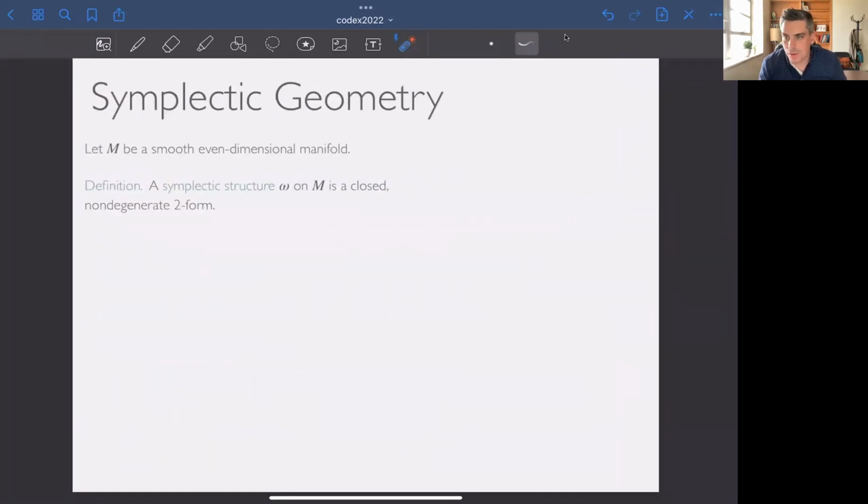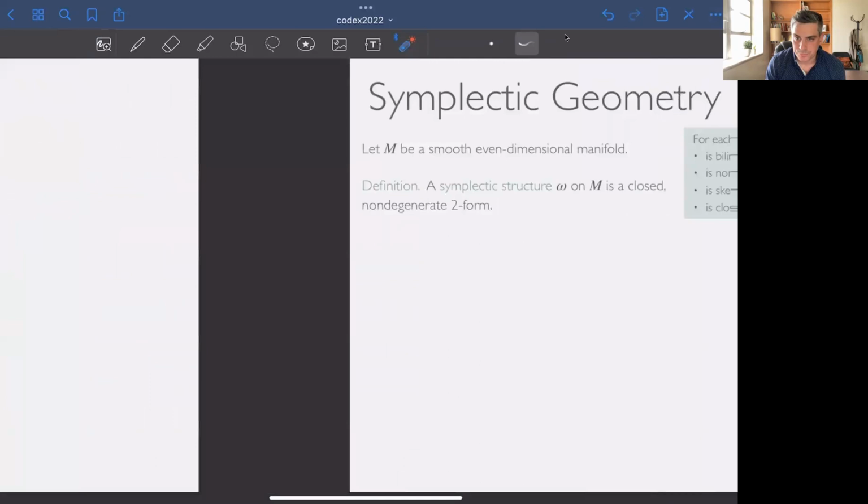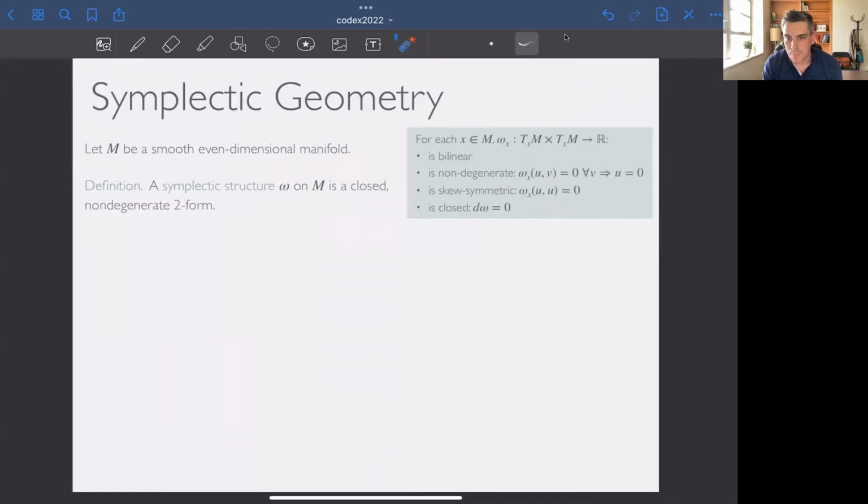Okay, so we'll start with symplectic geometry. So what is that? Symplectic geometry considers even-dimensional manifolds endowed with an extra geometric structure called a symplectic form or symplectic structure. This is a closed, non-degenerate two-form. What does that mean?